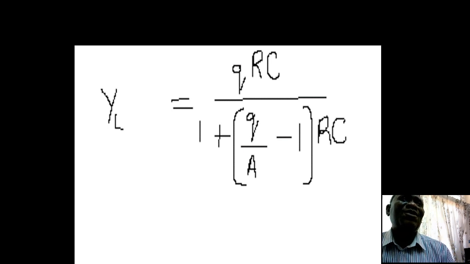Yield loss is equal to Q slope multiplied by relative cover divided by 1 plus, in brackets, Q over A minus 1 multiplied by relative cover.